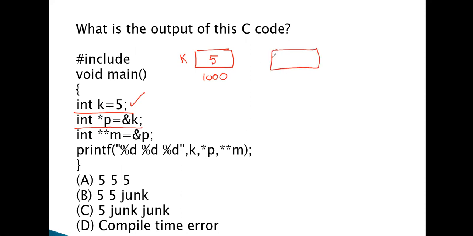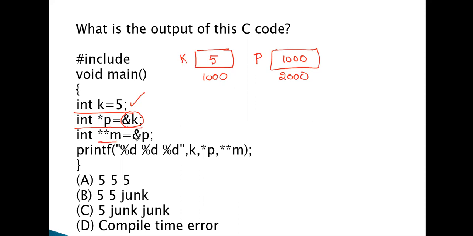Whenever we are declaring int *p, automatically a variable p is created. A pointer also has some address. In this, we are writing &k. That is, p holds the address of k. What is the value of p right now? The value of p is the address of k, that is 1000.